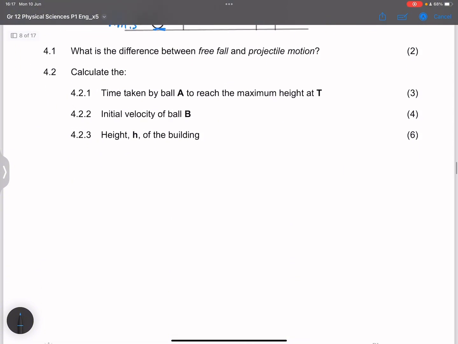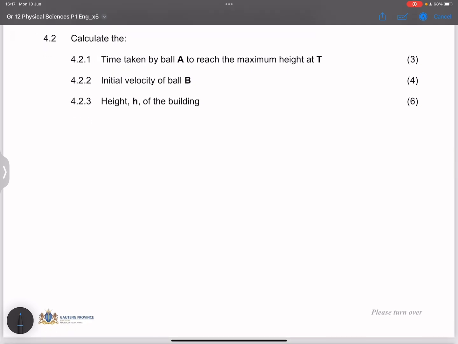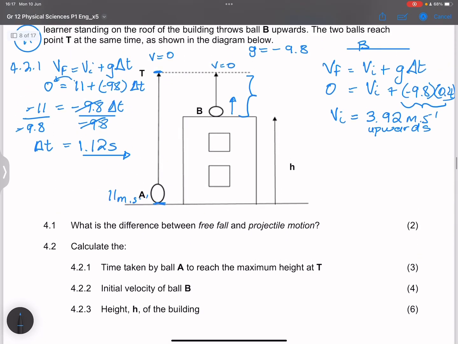So what I'm going to do there is, all right, let's talk about the displacement for ball A. If I took the displacement for ball A till maximum height, and I take the displacement for ball B till maximum height, and I subtract them from each other, so this displacement here minus that displacement there would actually give me the height of the building.